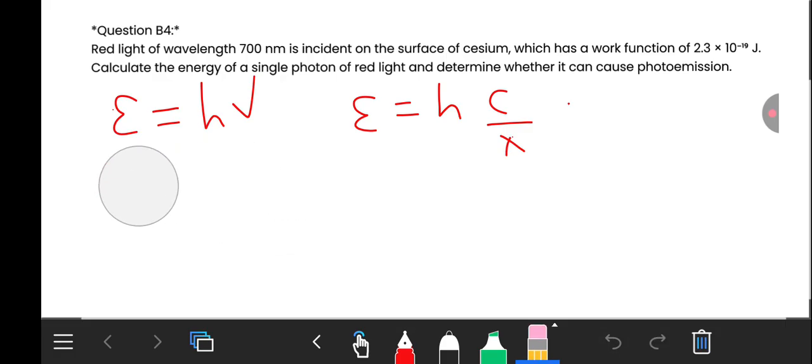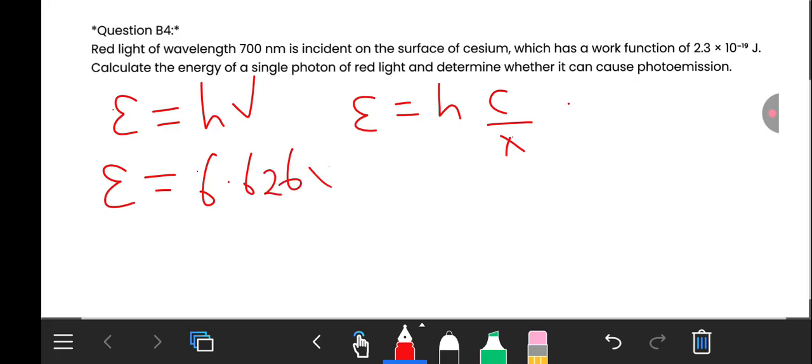So we can do the substitution. Energy will be equal to Planck's constant, which is given on the cover leaf page, so there is no need to master it. It is 6.626 times 10 to the power negative 34, and these are joules second, those are the units.